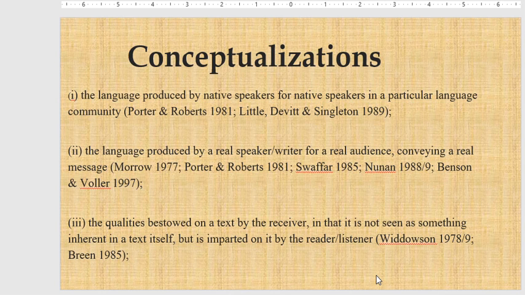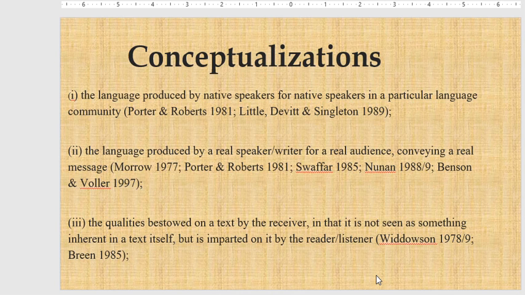It means that even if a native speaker produces a sentence and inserts that sentence in a textbook, because the sentence has not been produced for real purposes, to convey a real message, for a real addressee or hearer, it's not authentic, because the native speaker artificially produced that sentence.